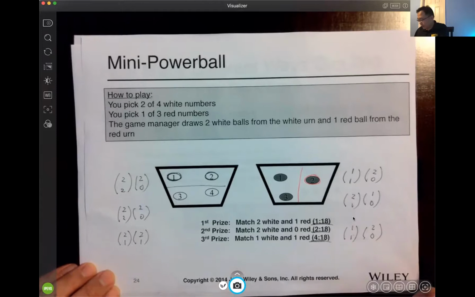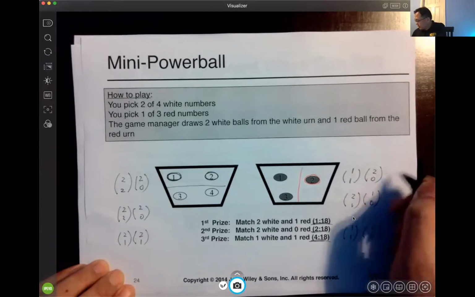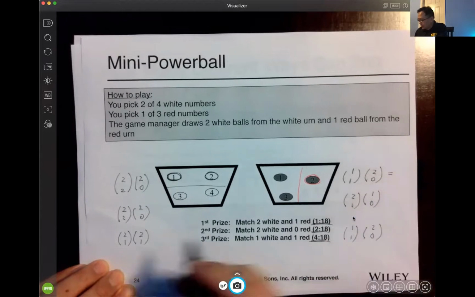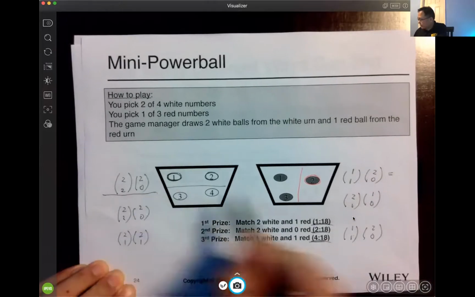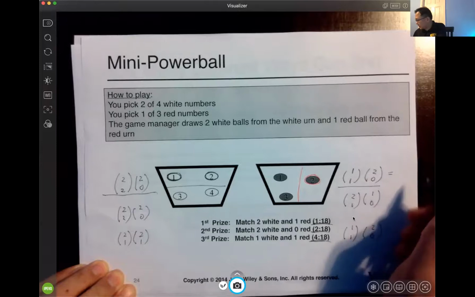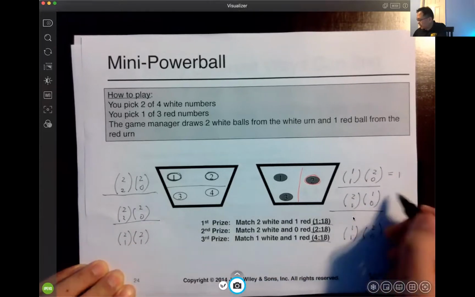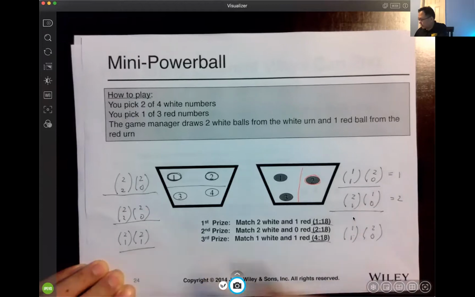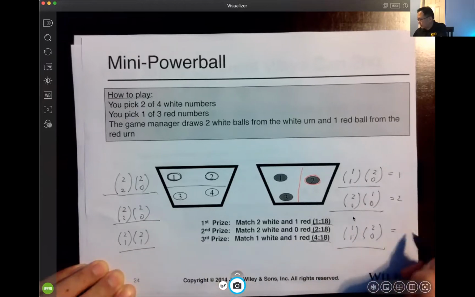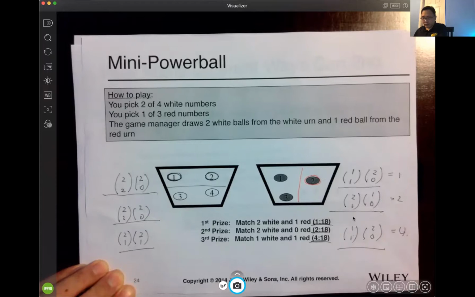That equals 4. So these two come together equal to 1, here come together 2, and altogether equal to 4.